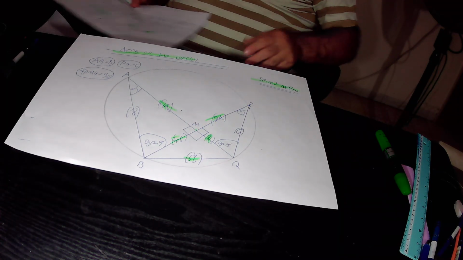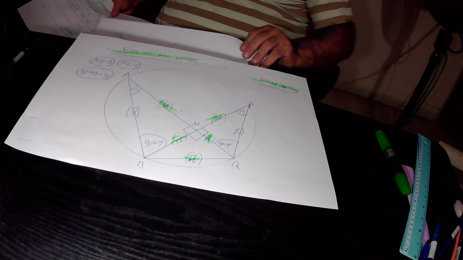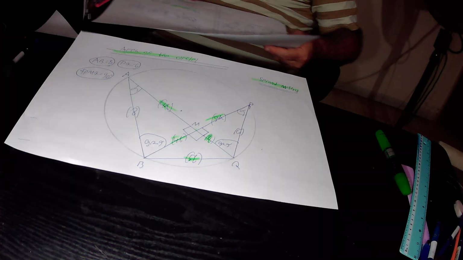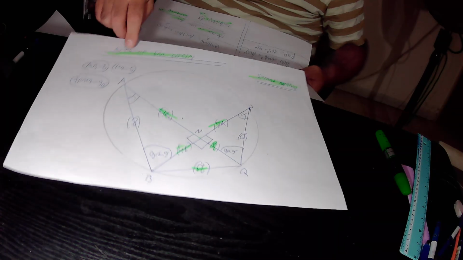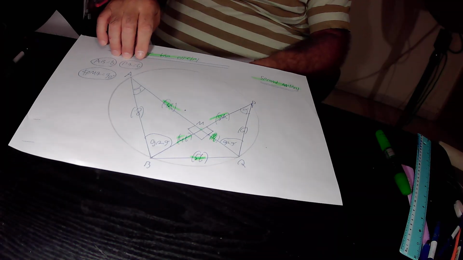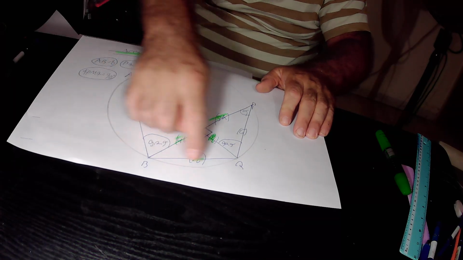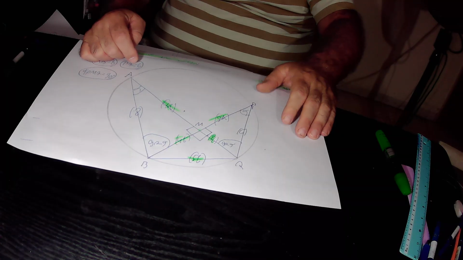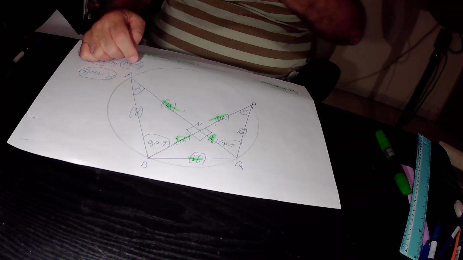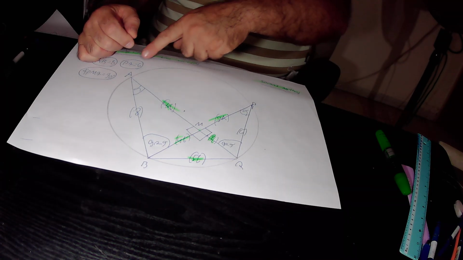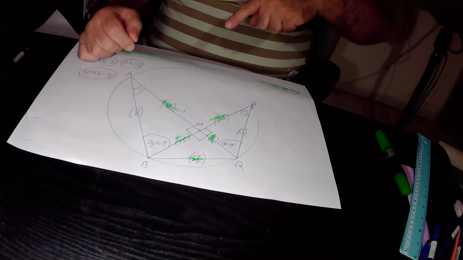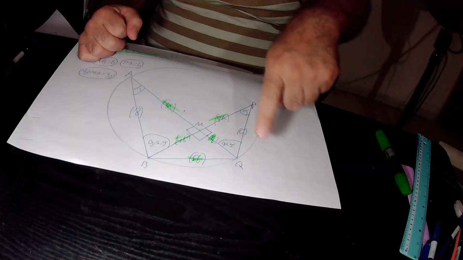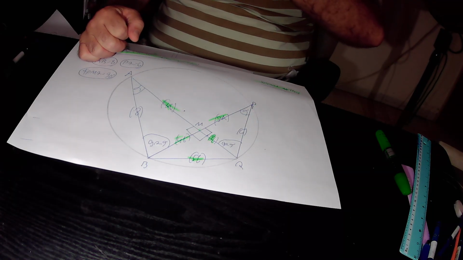In the next step, we calculate the area of this triangle ABQ in two different ways, and then we create an equation that says the area of triangle ABQ according to the first calculation must be equal to the area of triangle ABQ according to the second calculation.